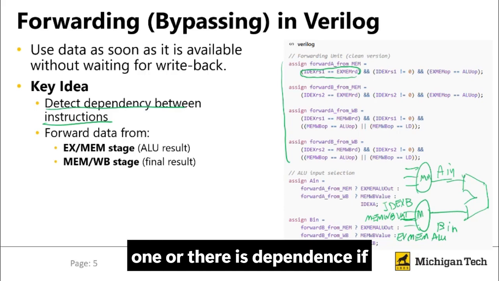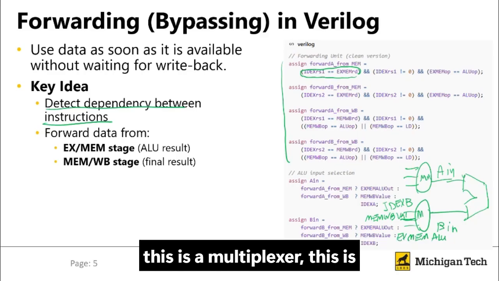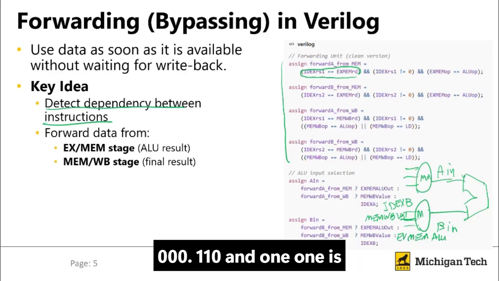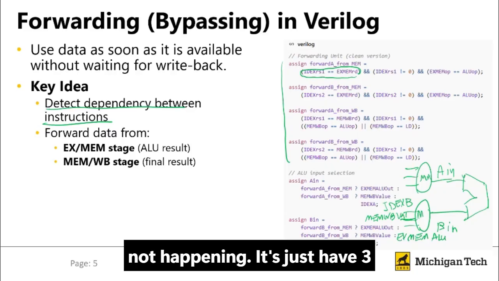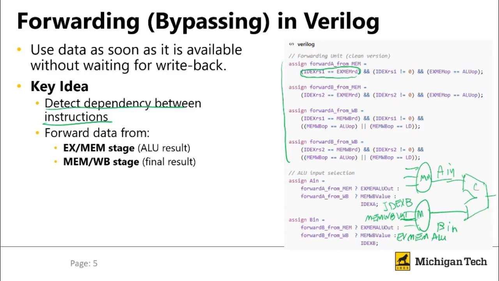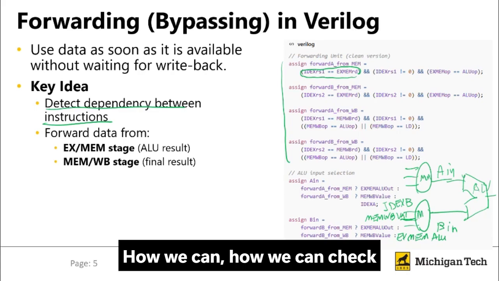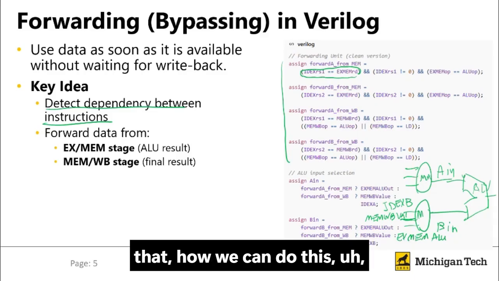If a dependency exists, one of these two is active. For example, this is a multiplexer with select values 0 0, 0 1, 1 0, and 1 1 is not happening. We just have 3 inputs. And this is the ALU, the arithmetic logic unit.